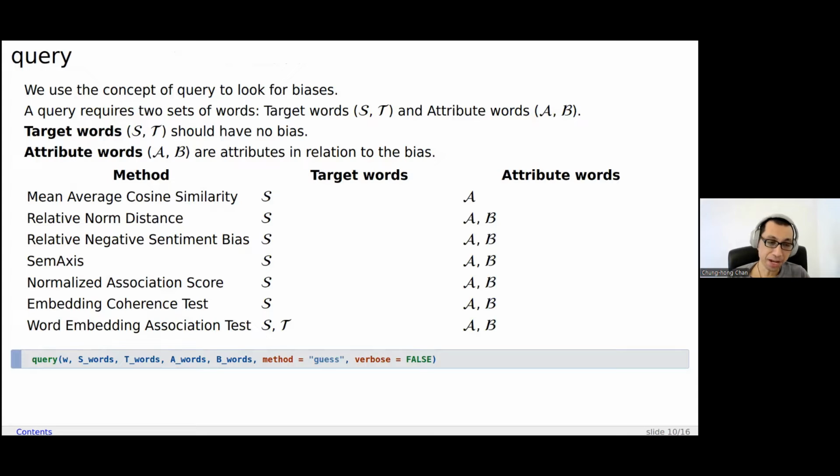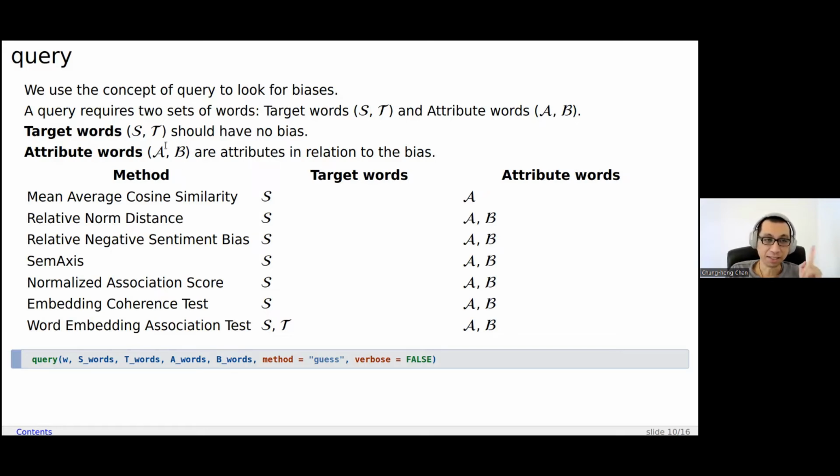The package sweater uses the concept of a query to look for biases in the word embedding. Usually a query requires at least one set of targets and one set of attributes, but in most cases, we need one set of targets and two sets of attributes. I will show you how it works later.